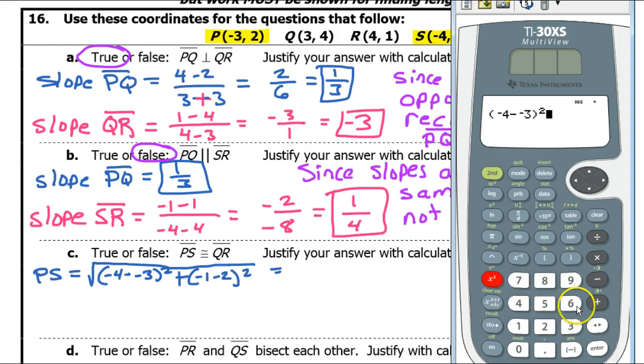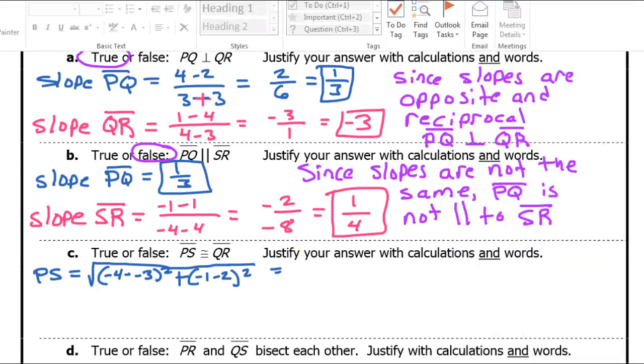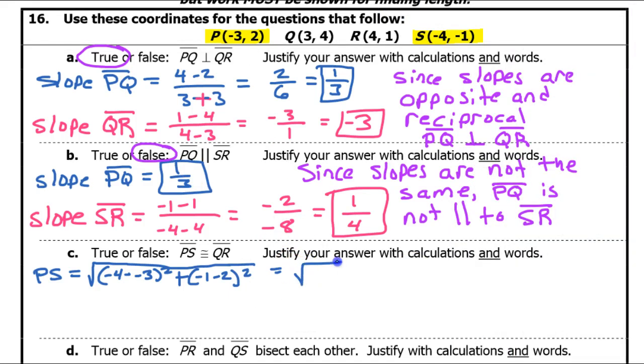Squared, plus negative 1 minus 2 squared. That's 10. That means I have radical 10. That is the length of PS.